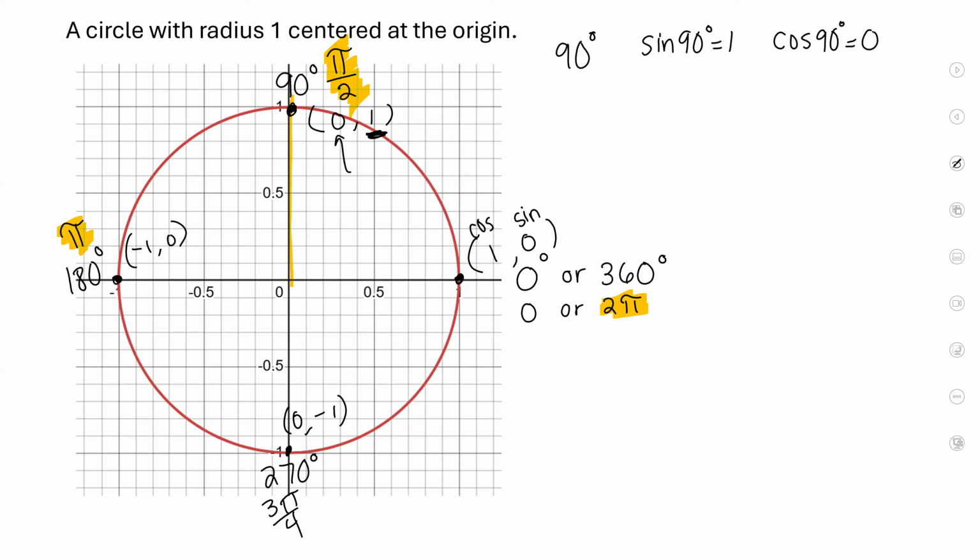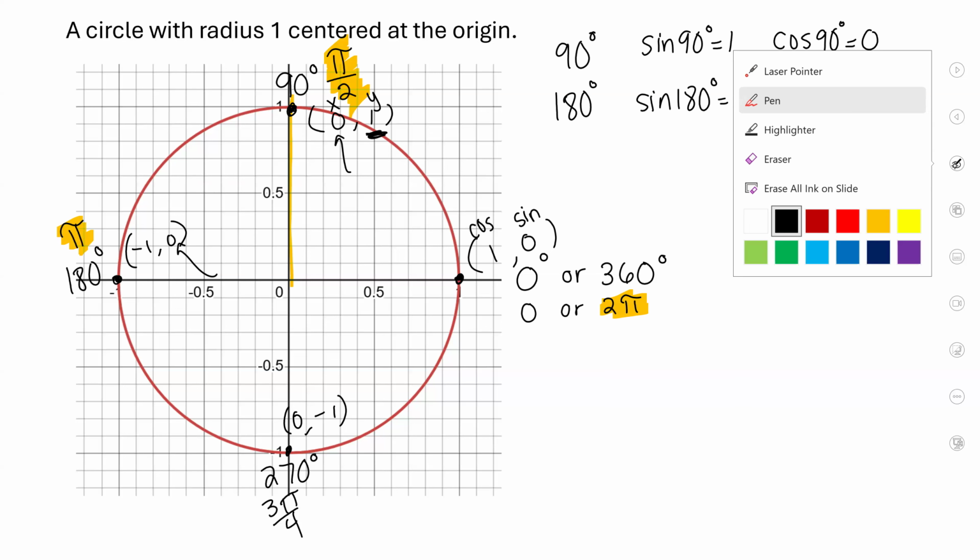You need to think as the x value as being cosine and think of the y value as being sine. So guys, at 180 degrees, what is sine of 180 degrees? 0. And what is cosine at 180 degrees? -1.